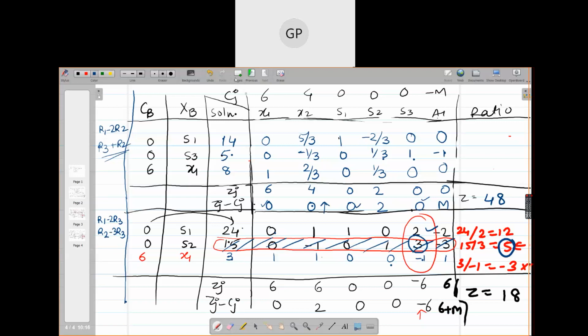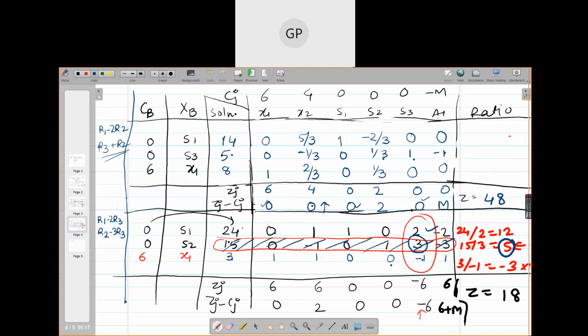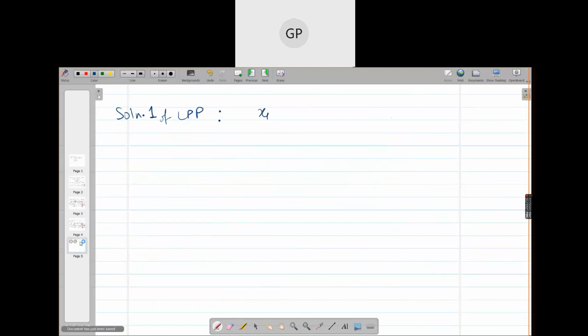मेरे इसका solution क्या होगा? देखो अभी अगर मैं Z का LPP का solution लिख लूँ तो क्या होगा solution मेरा? Solution 1 of LPP. Okay? क्या है solution? Can you tell me the solution? x1 की वैल्यू कितनी आई हमारी? 8, right? x2 मिल रहा है क्या आपको?